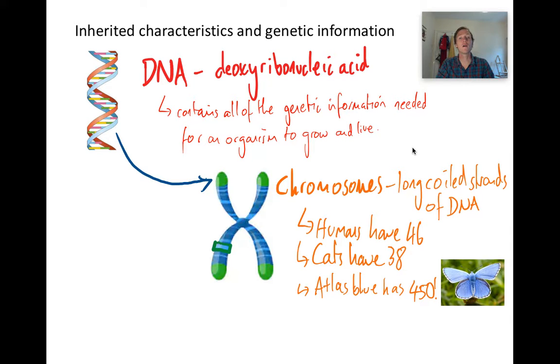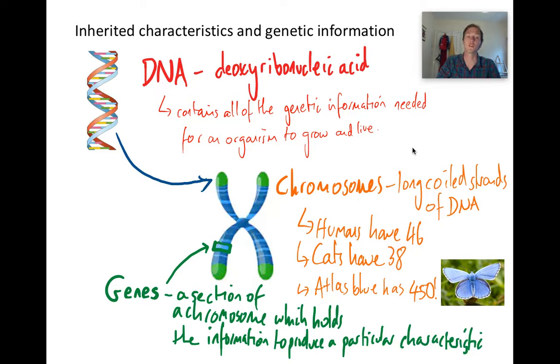Now, notice that the chromosome in here has been coloured in different colours. And those colours in kind of bands, those sections of the DNA in the chromosome, well, these are what we call genes. And a gene is a section of a chromosome which holds the information that is going to produce a particular characteristic.